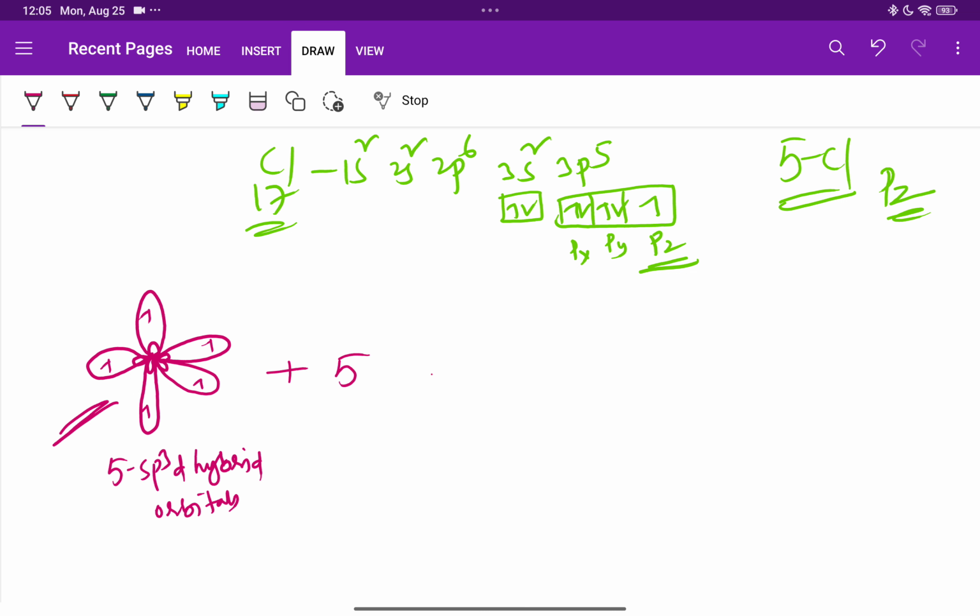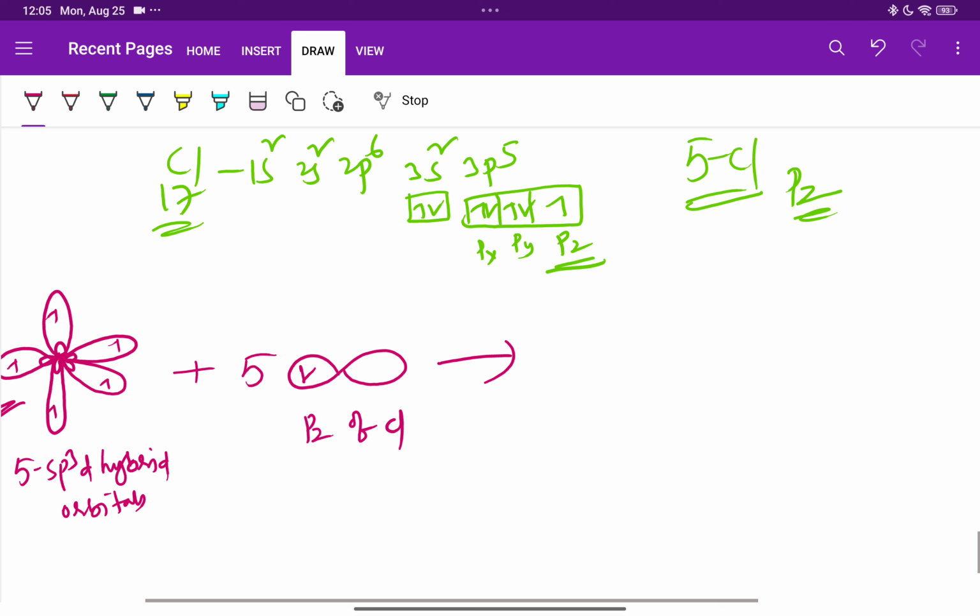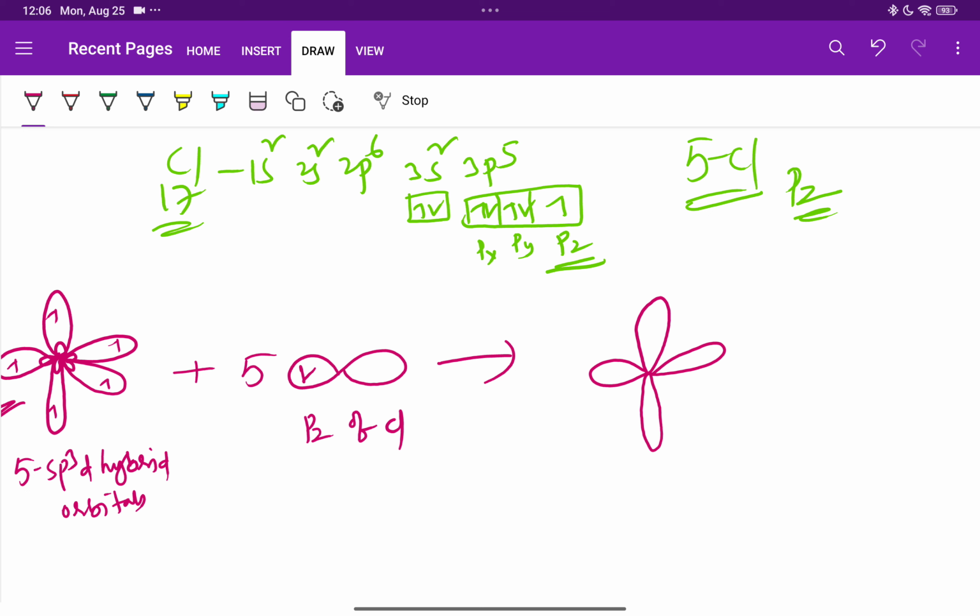So 5 chlorines, 5 pz. Then you can expect the overlapping 1, 2, 3, 4, 5. Here I am going to take another color: first chlorine pz, second chlorine pz, third chlorine pz, fourth chlorine pz, fifth chlorine pz.